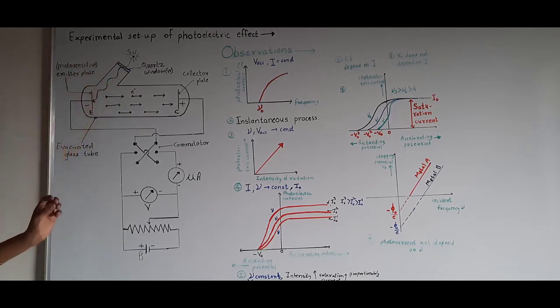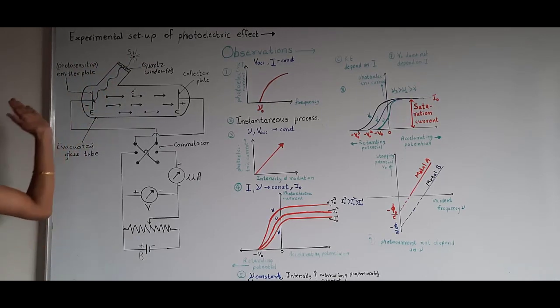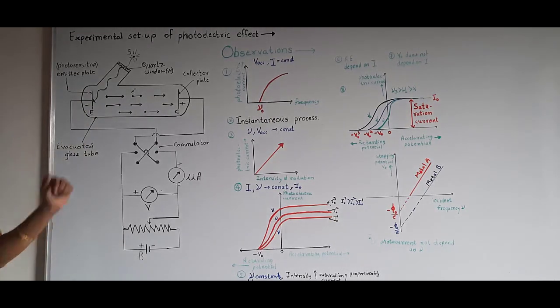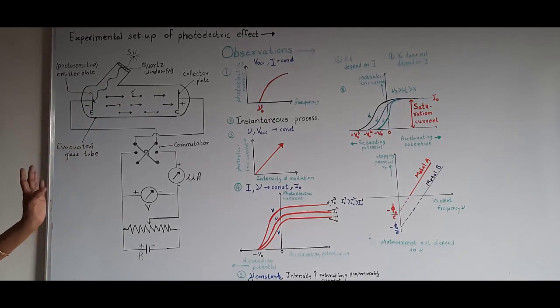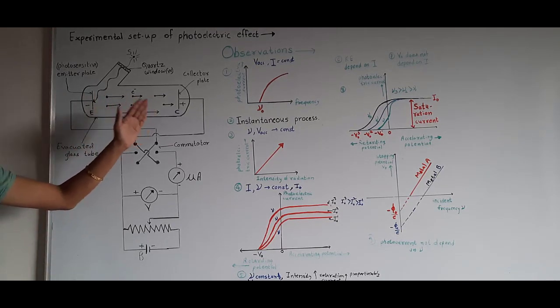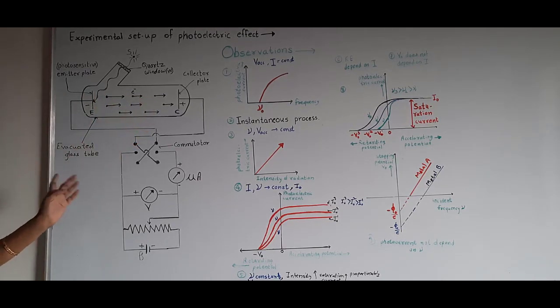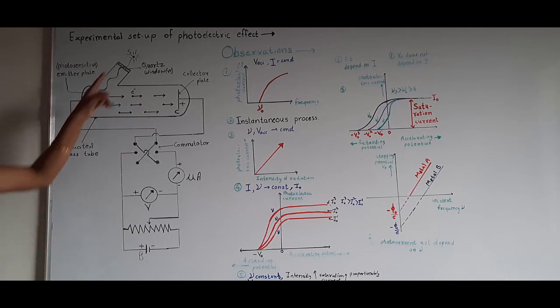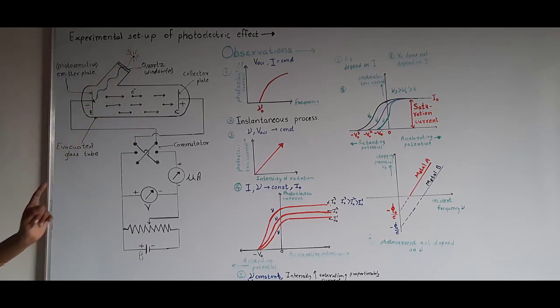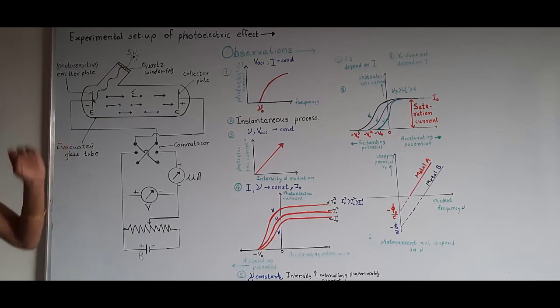If radiation of low intensity is incident here, photoelectrons are emitted even if the intensity is dim. Photoelectrons are emitted at the frequency nu 0, meaning when the frequency of incident radiation is greater than the threshold frequency, nu naught, we get the photoelectric current.